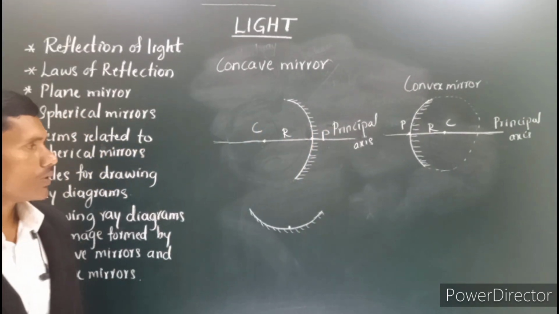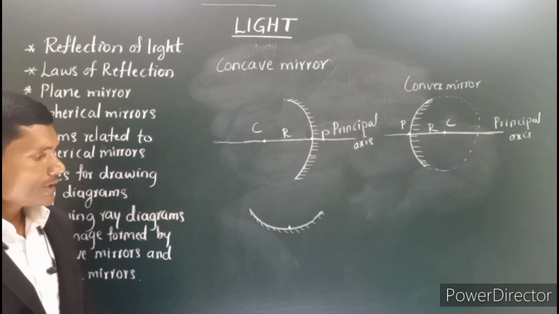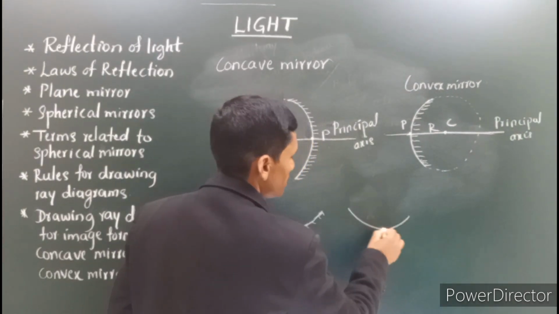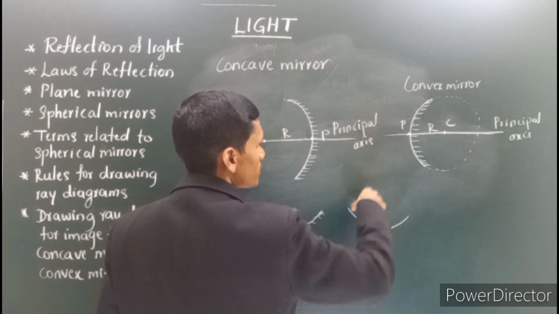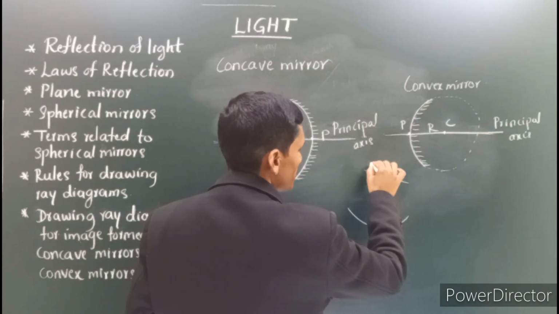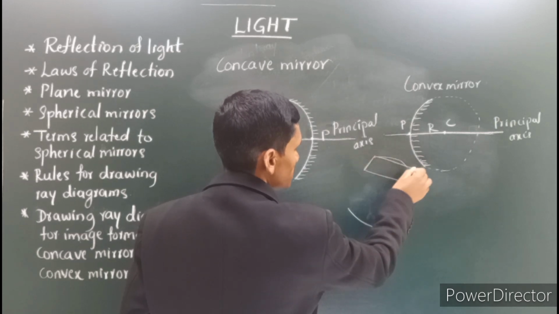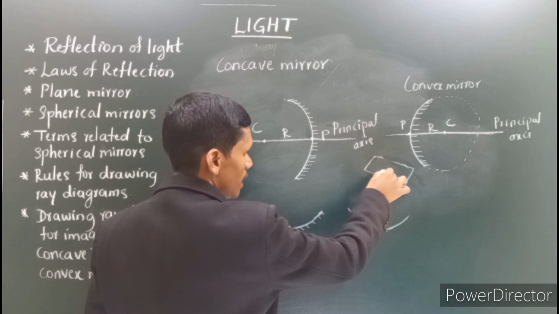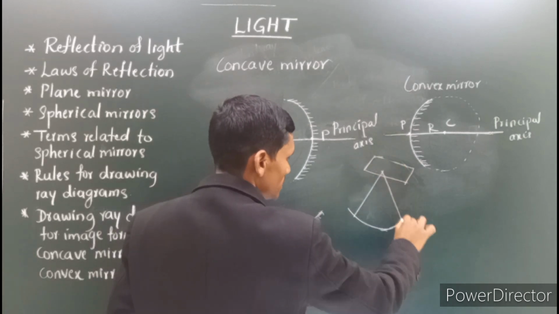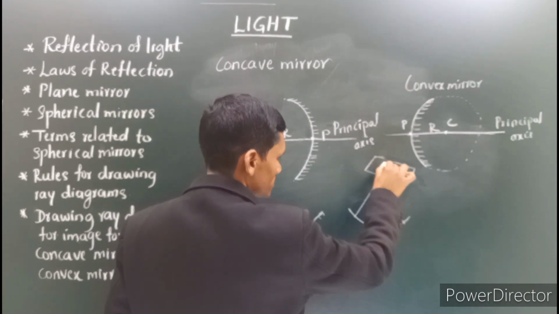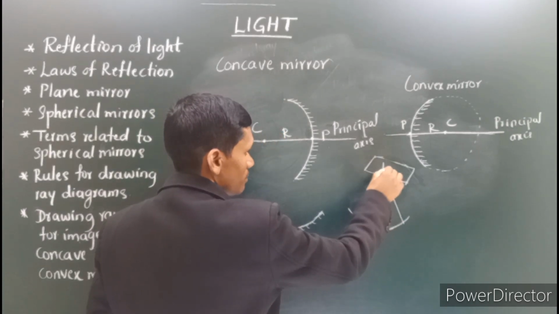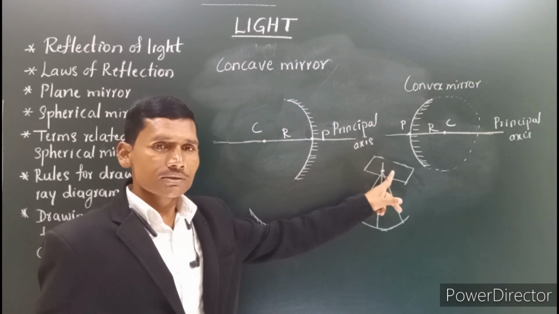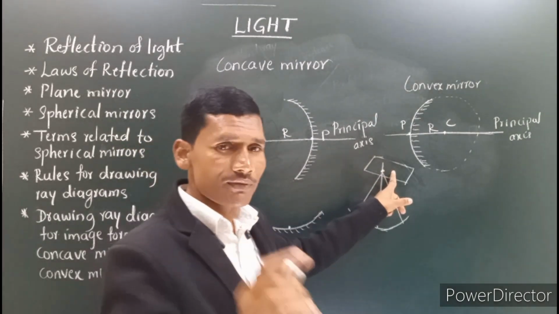Right? Now, here we will take the same concave mirror. This is the concave mirror. What I'll do, I'll focus it towards the sun and hold a sheet of paper here. When I focus that sunlight on the paper, you have to see the light rays, they converge at a point. A bright spot we observe on the paper, and immediately it catches fire there.